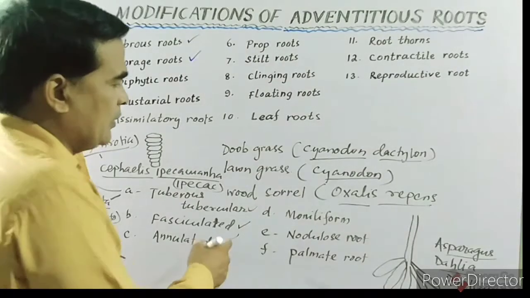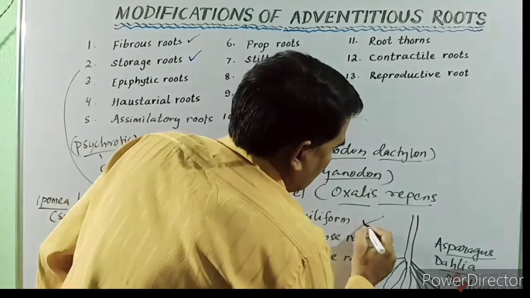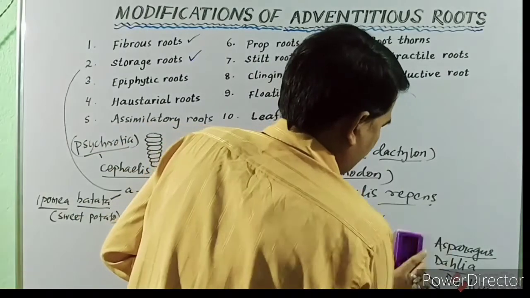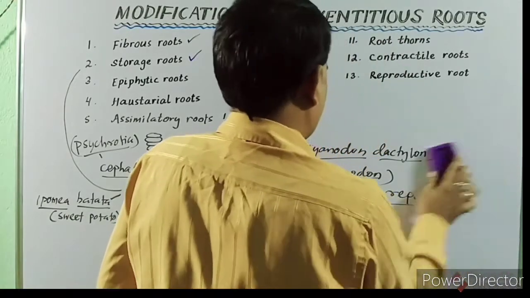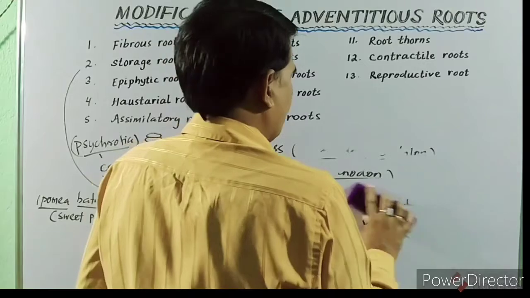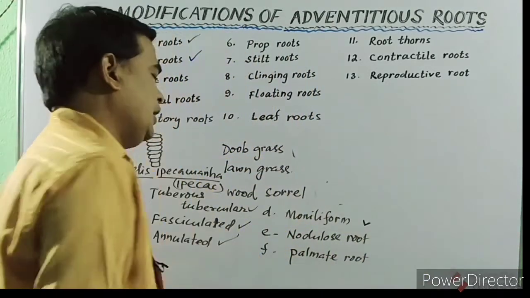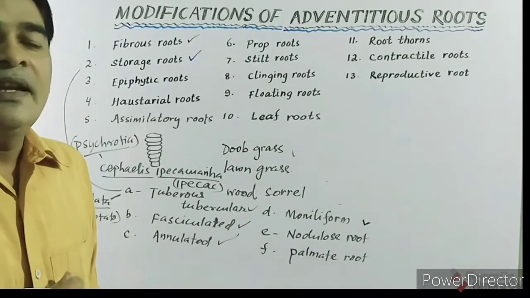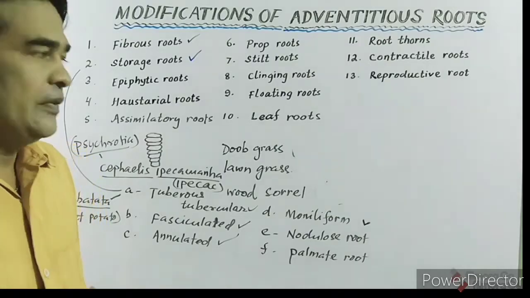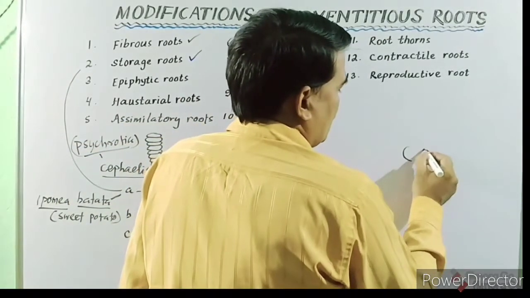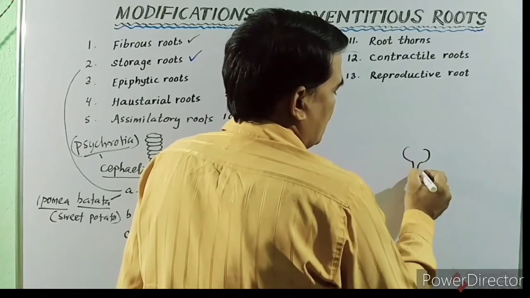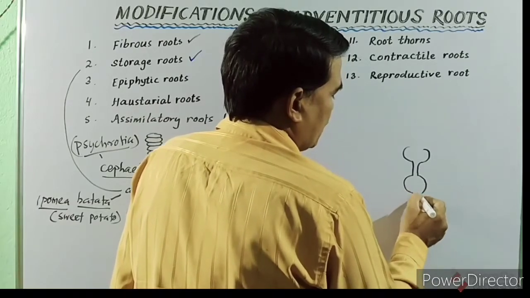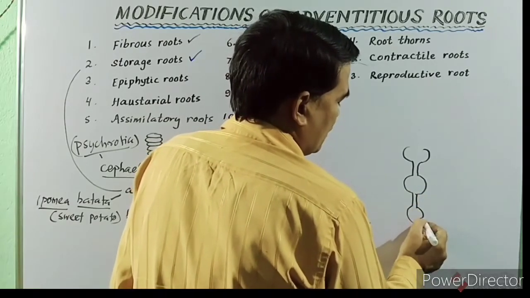Then we will learn about the moniliform root. In moniliform roots, the swellings are present at regular intervals. Like this, this is one swelling, then after an interval there is another swelling like this.